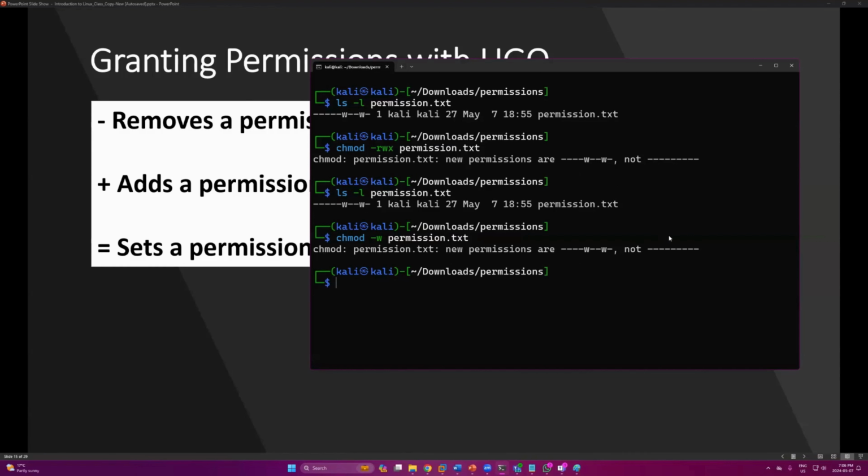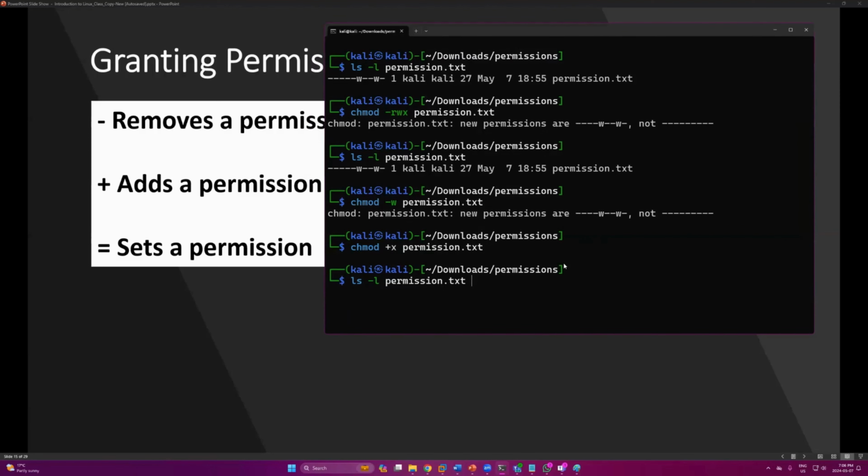So let's add another permission. So chmod, if I want to add a permission, so for example, plus x and then permissions.txt, right? ls -l, what do you think is going to happen? Is it going to change all of them or just one of them, or what's going to happen? Somebody tell me.